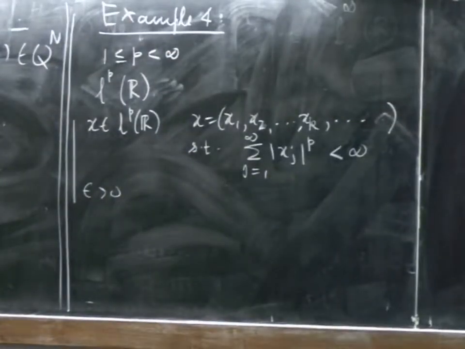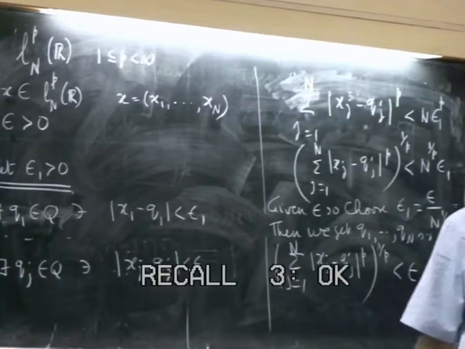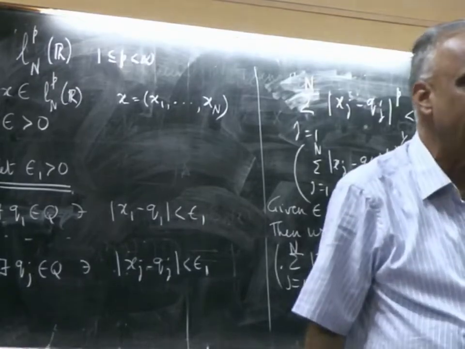Now suppose I try to follow the earlier proof. What will I get? For x1 I will get a q1, for x2 I will get a q2, for each one of these I will get a q, but then what will happen here? This will be an infinite sum and each one is epsilon 1 to the power of p, but if I try to add infinitely many epsilon 1s I may get infinity.